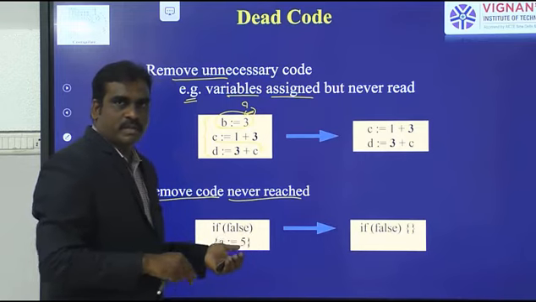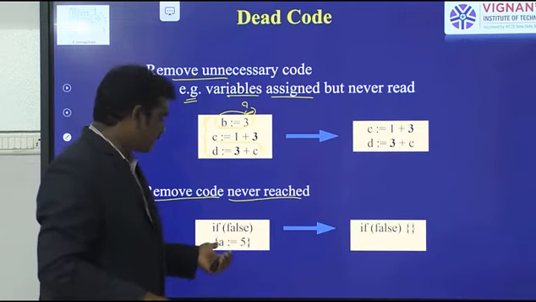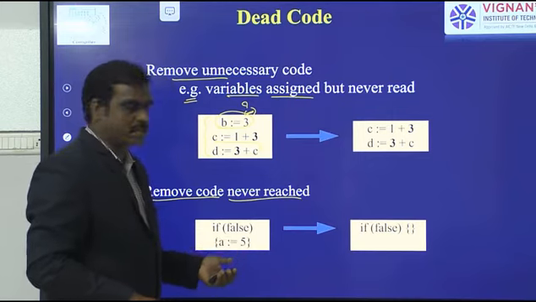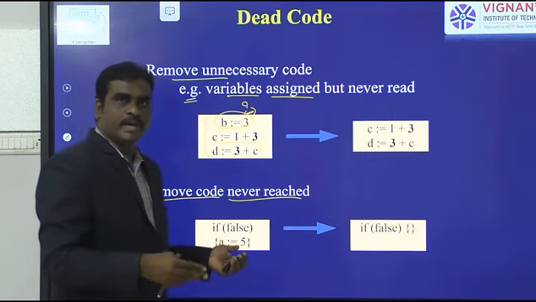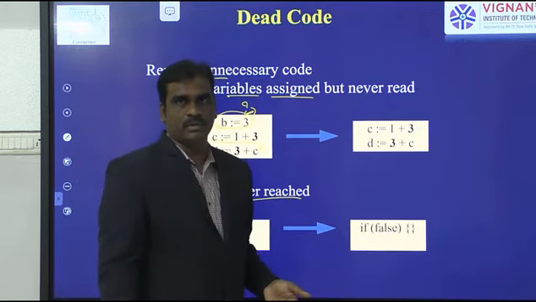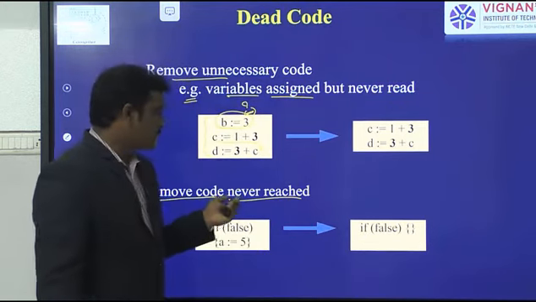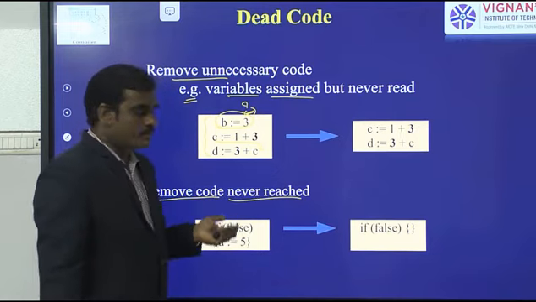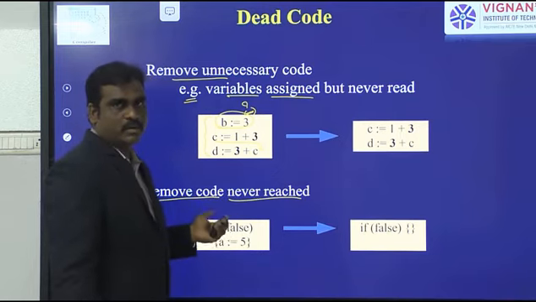Always false means it executes only the else part, not the true condition. So this statement will never be executed, and you can simply remove it. So this is also dead code.